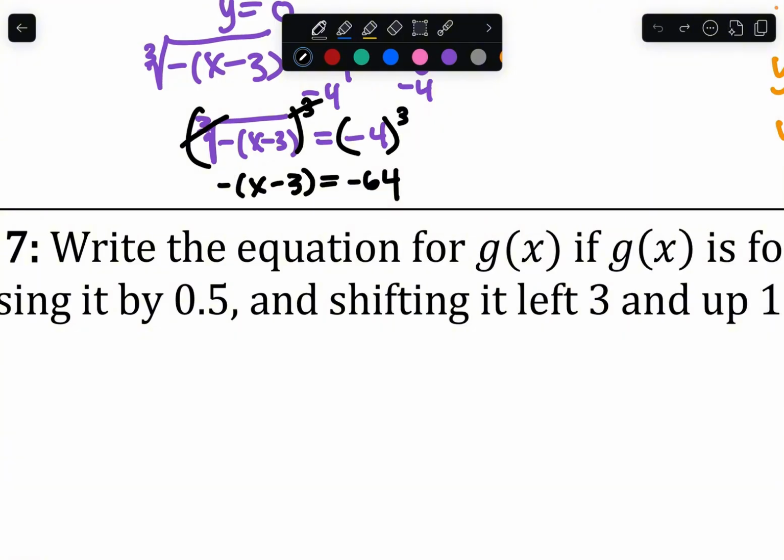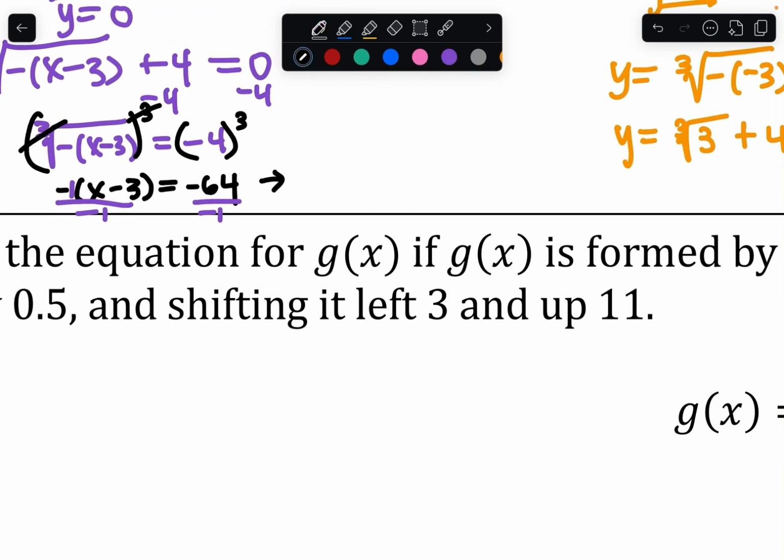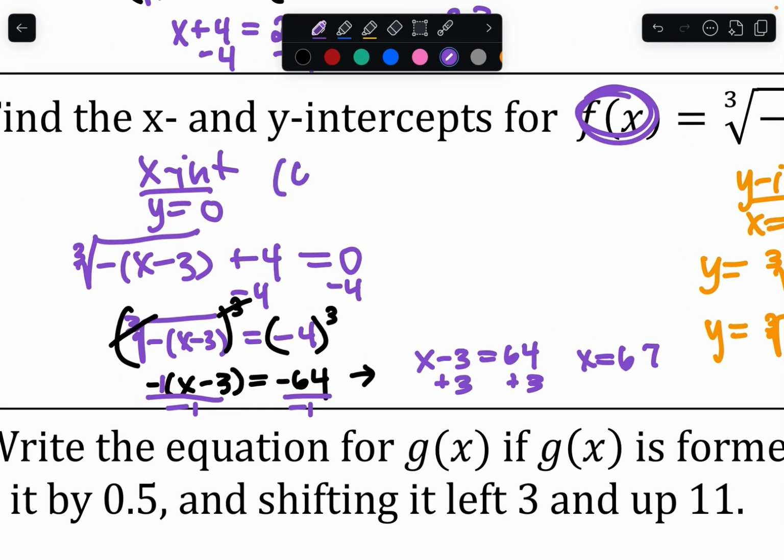You could distribute it, but it's easier just to go ahead and get rid of it. That's technically a negative 1. And so when you divide both sides by negative 1, you're left with x minus 3 equals positive 64. And then we can add 3 to both sides to get x equals 67. And so our x-intercept is 67, 0.